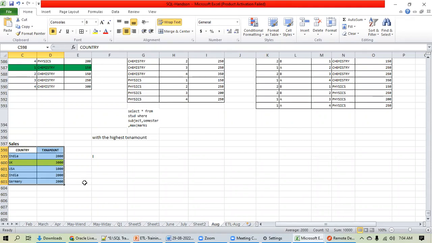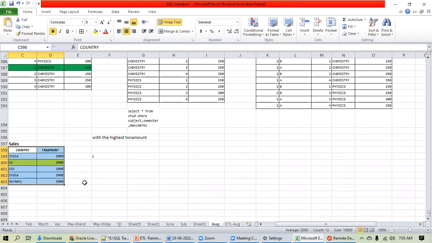First, what do we have to do? In the inner query, max of transaction amount. No. Sum up the transaction amounts depending on the country and then find the max of it. Correct. If I ask you what is the total bank balance, you will check that if you have 3 accounts, you will add the bank balance of all the 3 accounts, right?